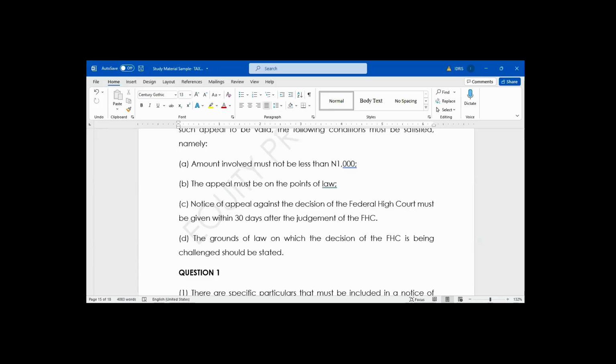Notice of what? Notice of assessment. From notice of assessment, what is the second procedure? Then notice of objection. From notice of objection, what is the third?